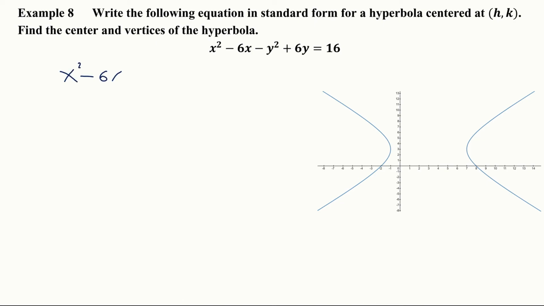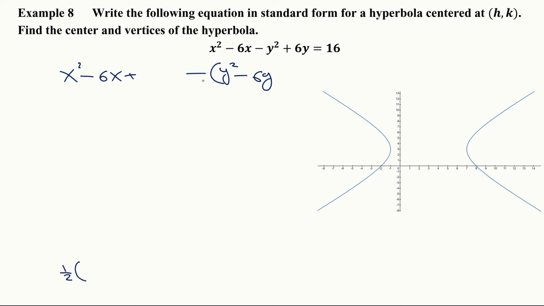x squared minus 6x, and I'm going to put the y squared and 6y together, but I'm going to go ahead and factor out that negative first. Don't forget that positive 6y becomes negative 6y once you factor out a negative, right? So what do I need to add to x squared minus 6x to complete the square?